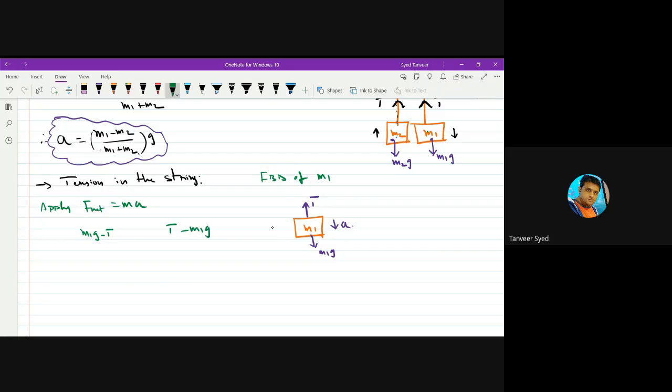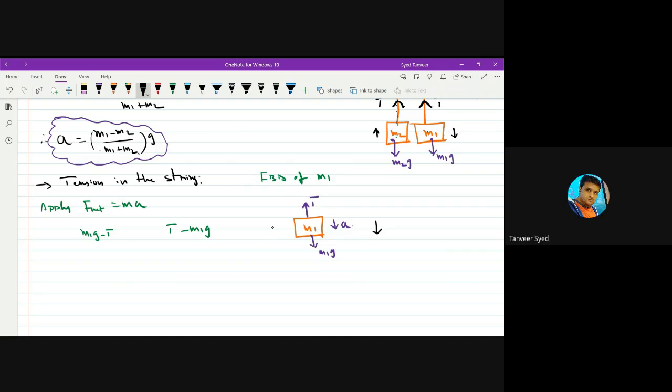How to decide this? Tug of war again. In which direction is M1 moving? Downward. If it is moving downwards, definitely the force which is acting downward should be larger than the force acting upward. Tug of war.